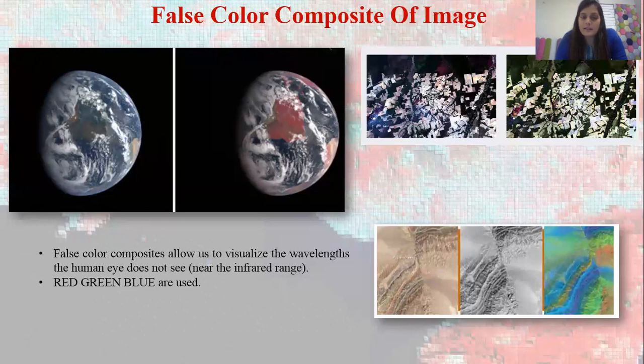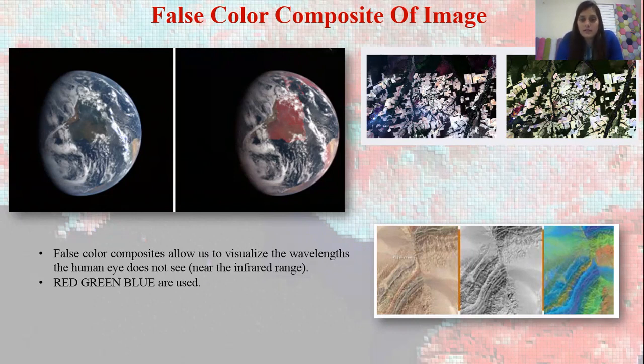So how can it be transferred? We all know that the primary colors are red, blue and green. In this red, blue and green, they mix the bands and give us the information. Remember, false color composite gives our eyes the ability to identify the object in a very proper way without misguiding us. Right? Red, green, blue are the primary colors. Now, here you can see the image that I have shown.